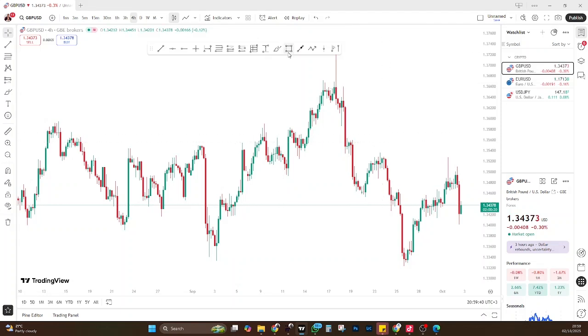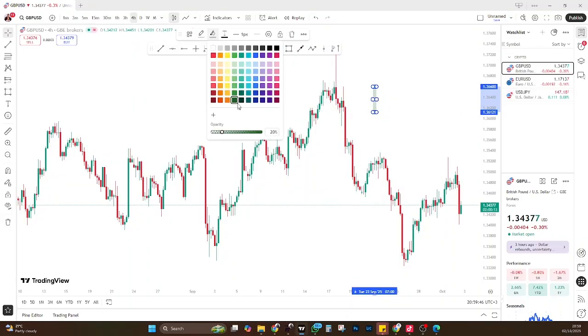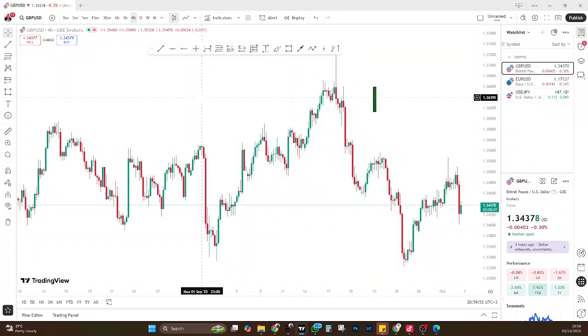So every time you see something like this, this is the green candle, like that, and then it has wicks, either a wick above and a wick below.